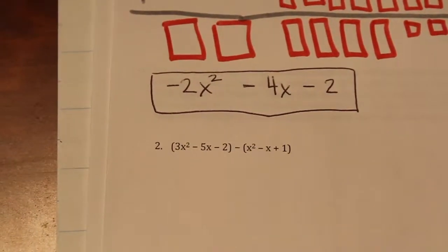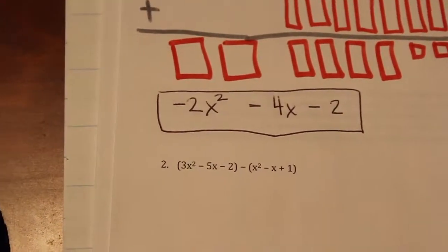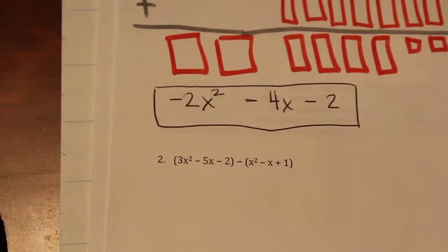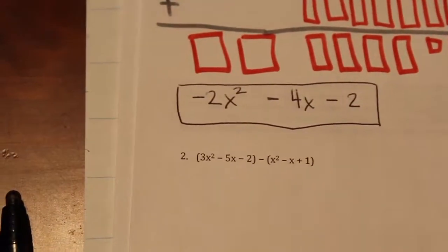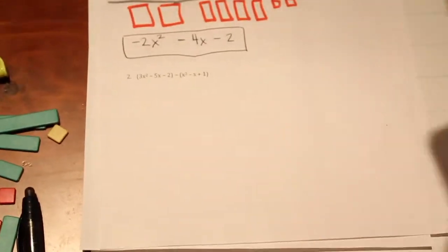The first term, 3x squared, tells us we need 3 of the x squared tiles. Okay, so 3 of the x squared tiles.